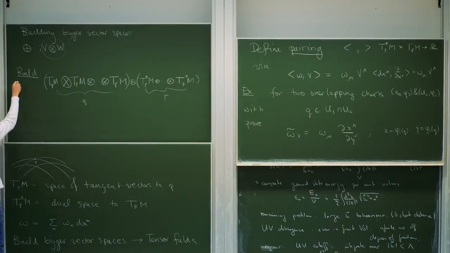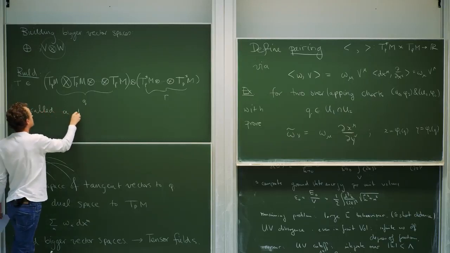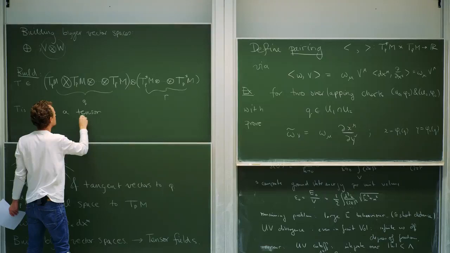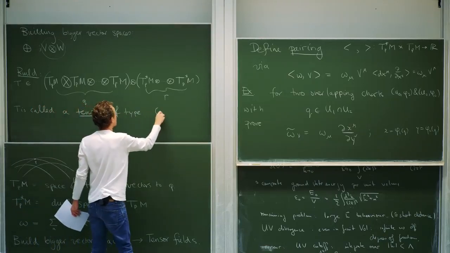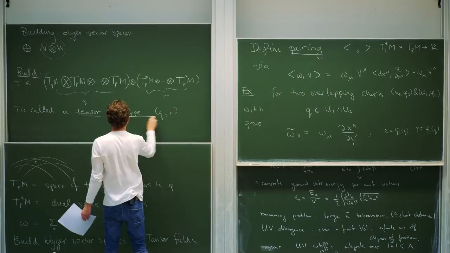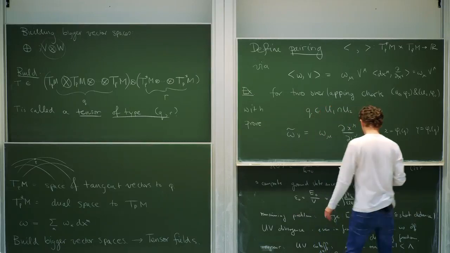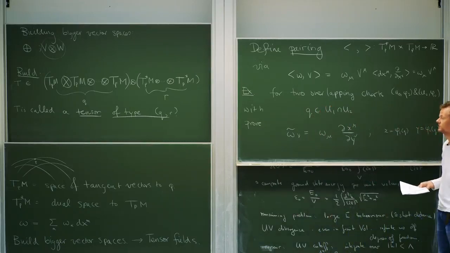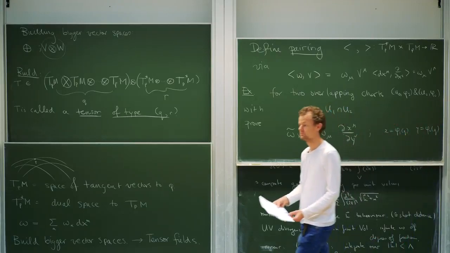So an element of such a vector space is called a tensor of type Q, R. It's just a vector, right?